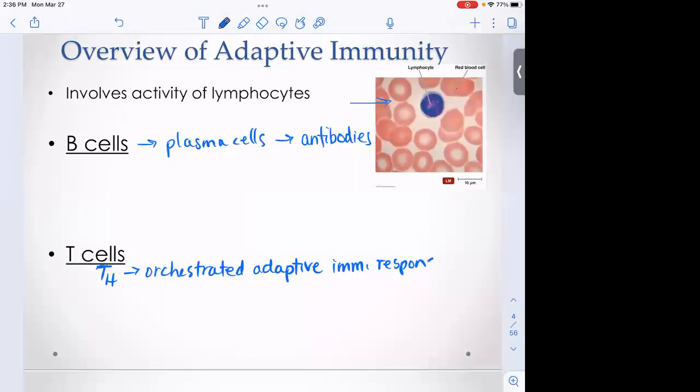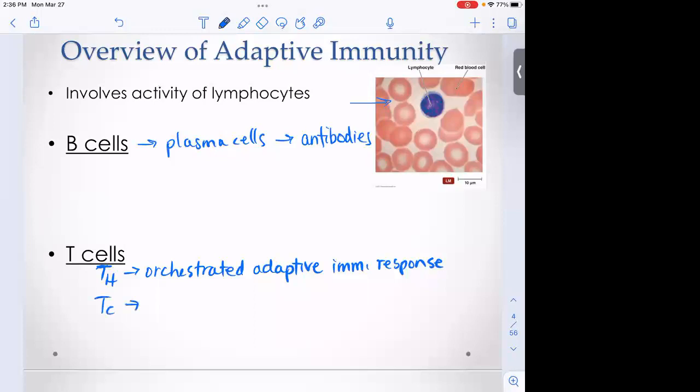Sometimes the analogy that you hear is they're the generals in charge of the army. So the helper T cells are sending out cytokines and coordinating the whole adaptive immune response, the cytotoxic T cells and the B cells.